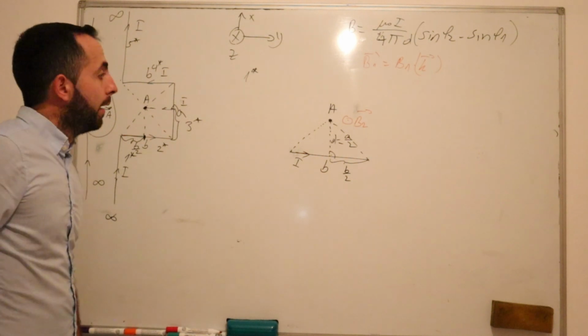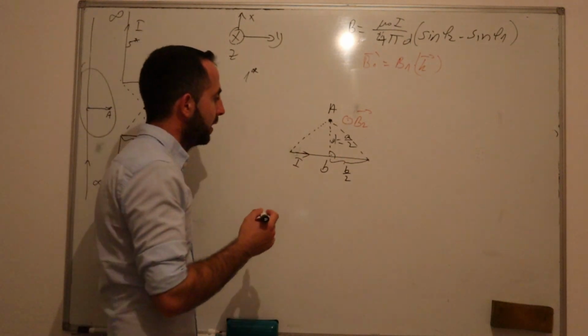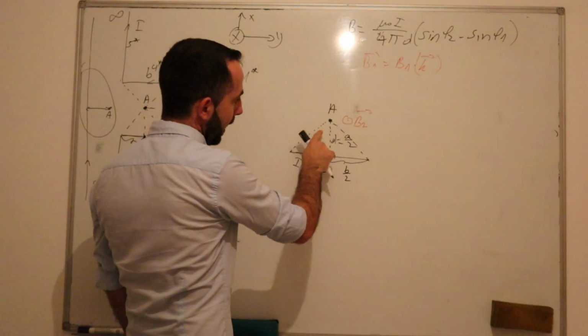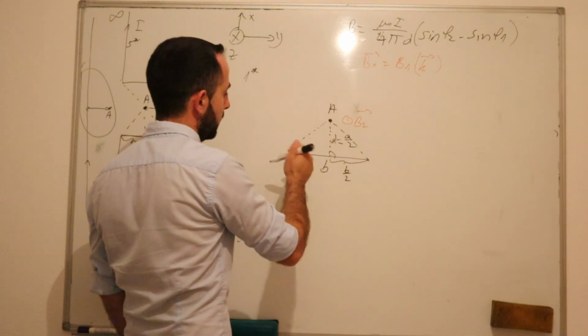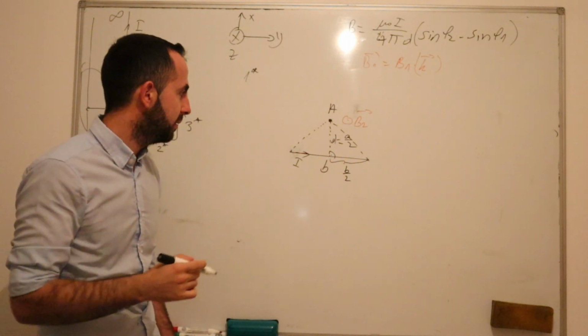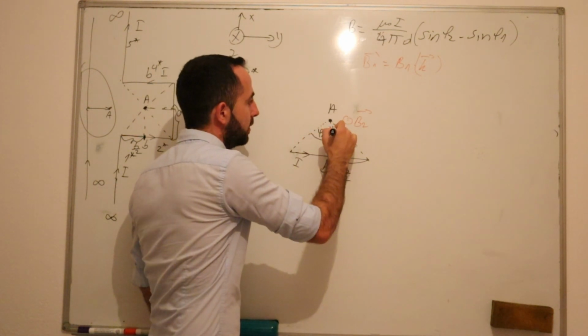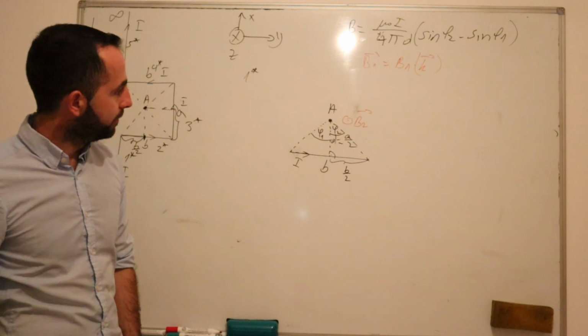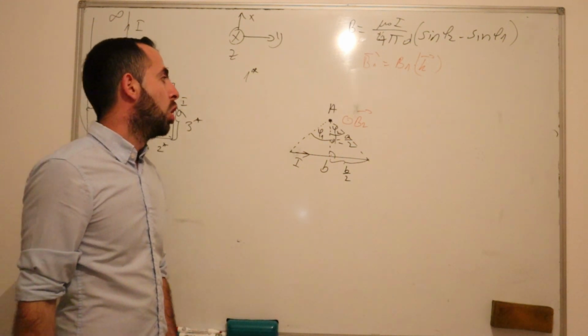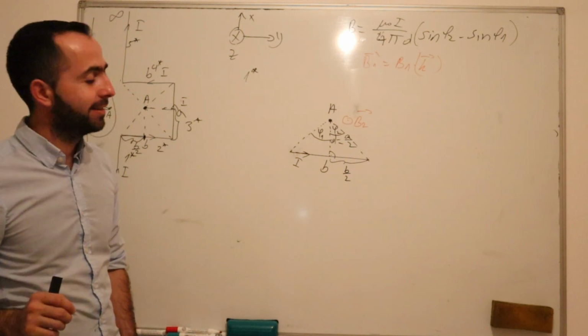Once again, what is the first angle? Okay, I have two angles, which is the first? The current direction determines it. It comes firstly on this angle, so this is φ1, this is the φ2 angle. How can I find the first and second angle?